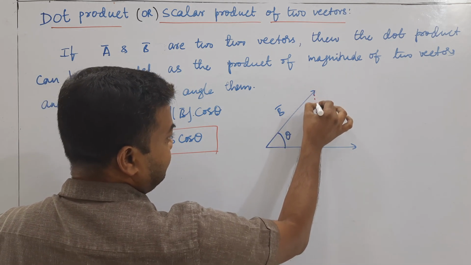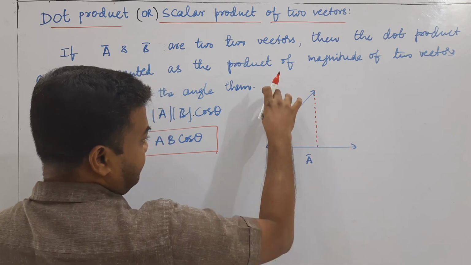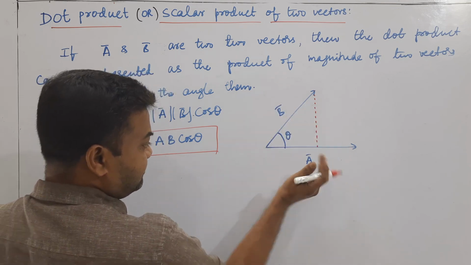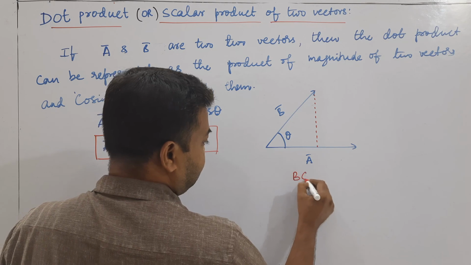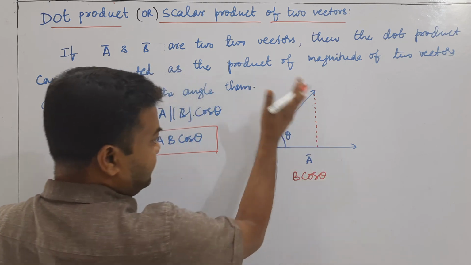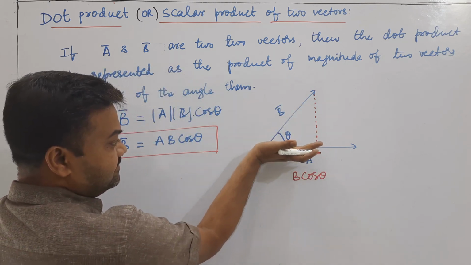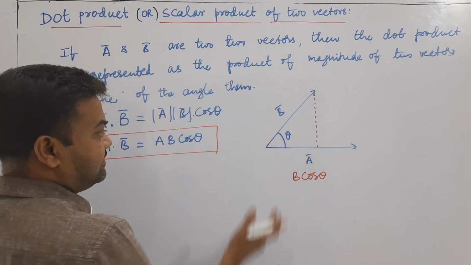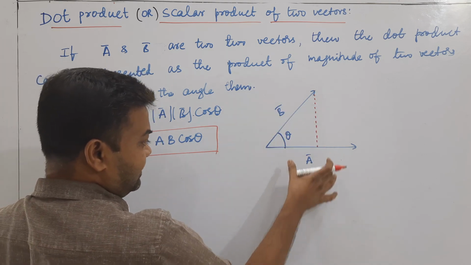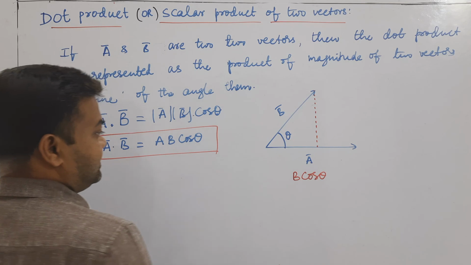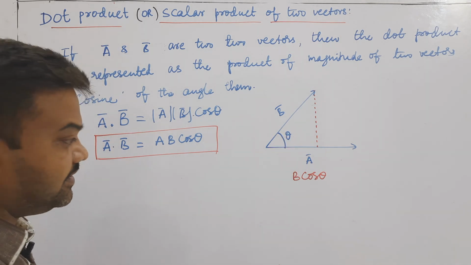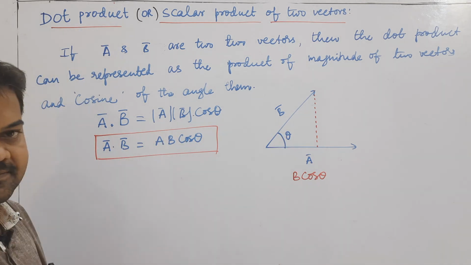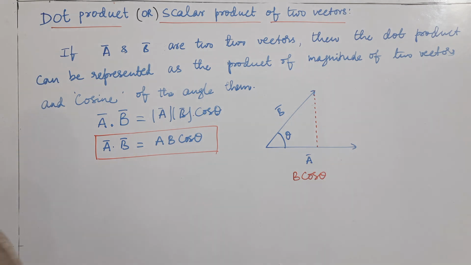We can represent the value of b bar along this direction as B cos theta, and along the perpendicular side it is B sin theta. That's why the component of the vector along this side is B cos theta. That's why the product is a bar into B cos theta, that is AB cos theta. Okay, like this we can write here.